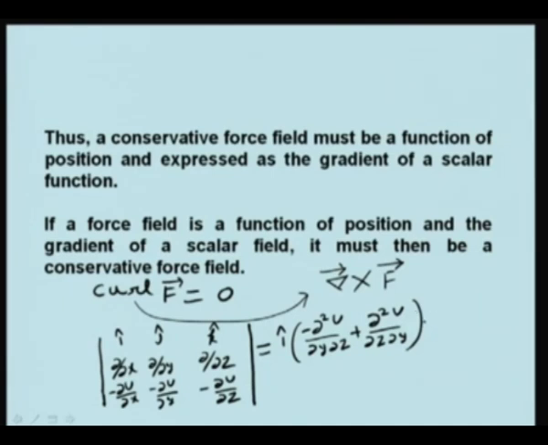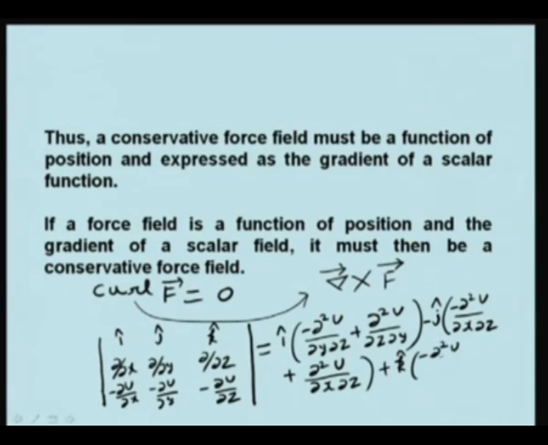Similarly, the other terms will also come out to be 0: minus j times (minus del squared U by del x del z plus del squared U by del x del z), plus k times (minus del squared U by del x del y plus del squared U by del x del y), which is equal to 0.